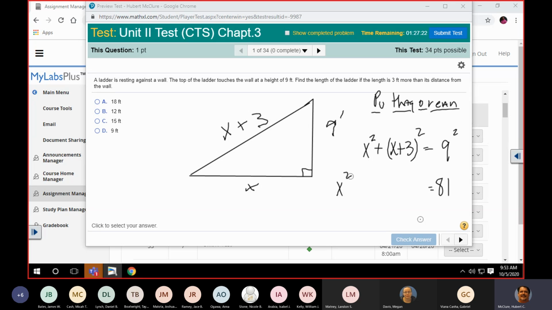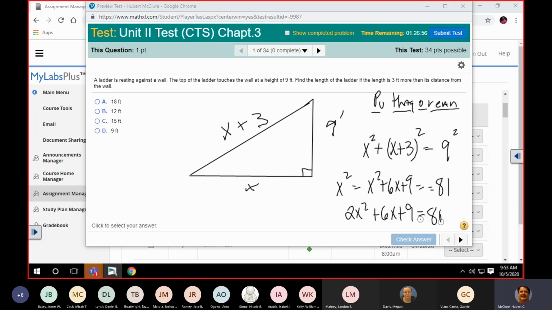And this is x squared. And x squared plus 6x plus 9, so 2x squared plus 6x plus 9 is equal to 81. And of course, you bring the 81 over and you can complete the square.